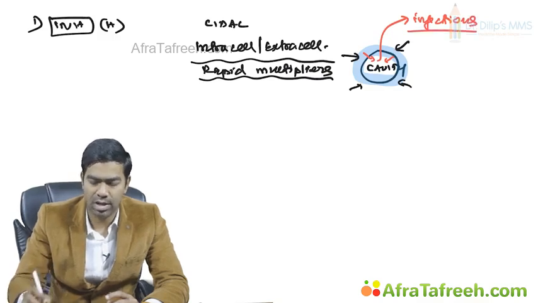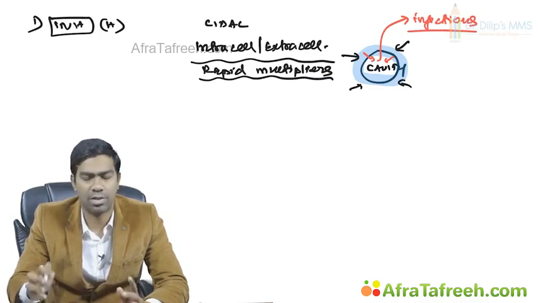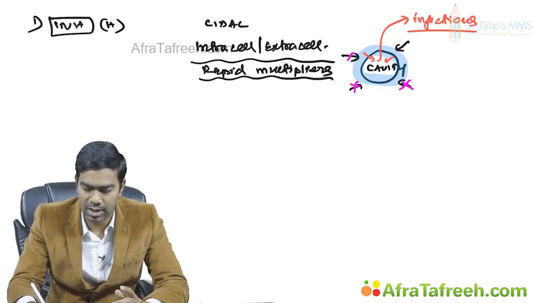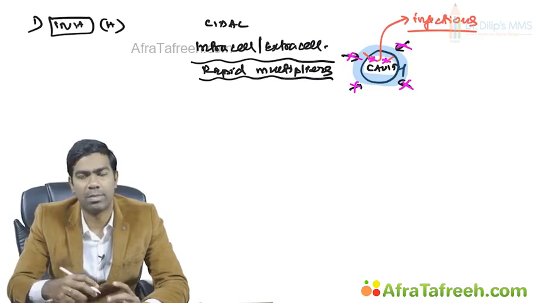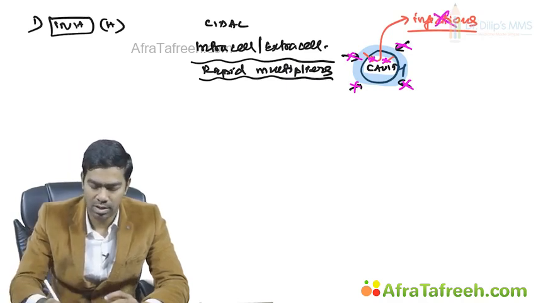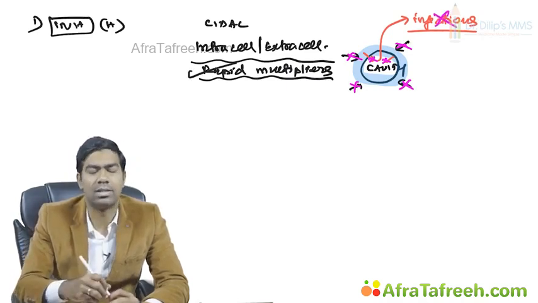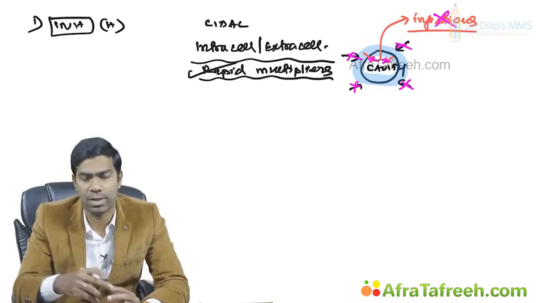So since isoniazid is one of the best drugs that can act on the rapid multipliers, it kills these rapidly multiplying bacteria and prevents the movement of the bacteria into the cavity, which can be further expectorated, making the patient infectious. You can stop that. That is the reason why it's one of the best drugs that has this early bactericidal activity, making the patient non-infectious. We have discussed already. It's one of the best drugs.